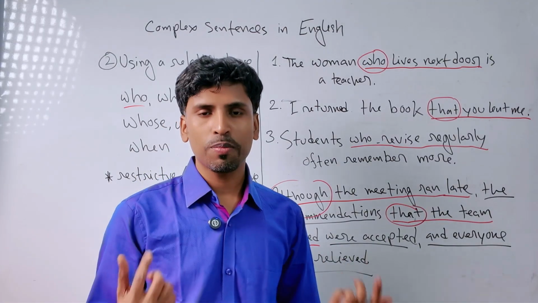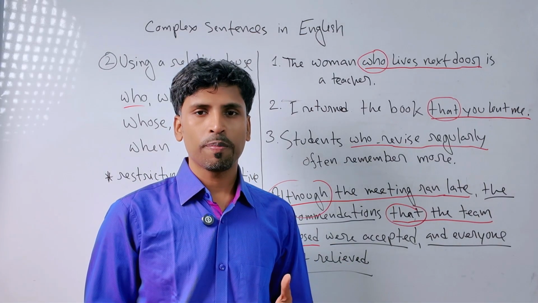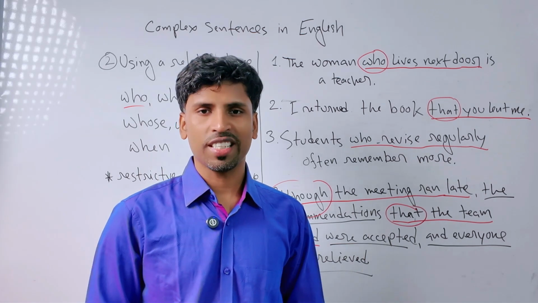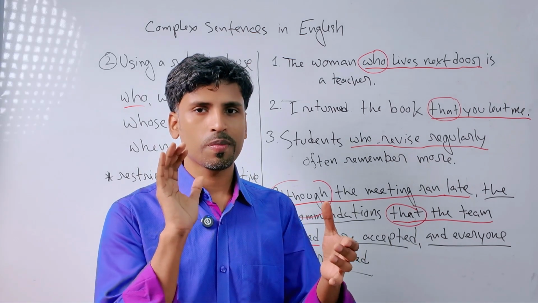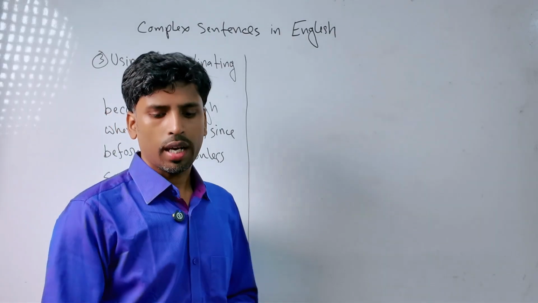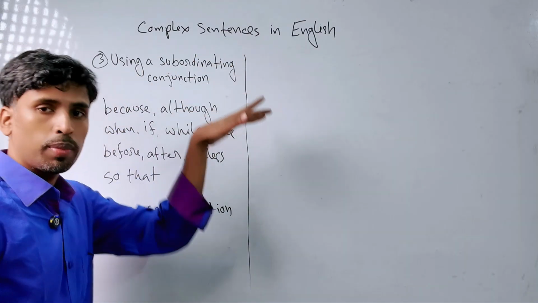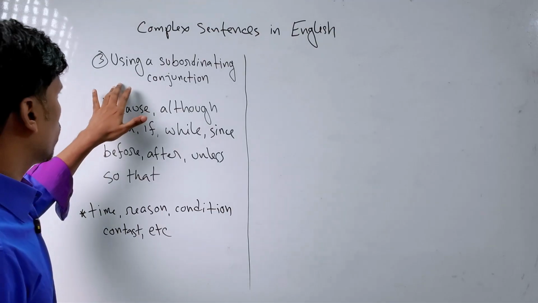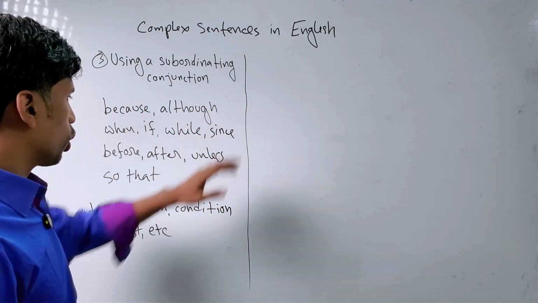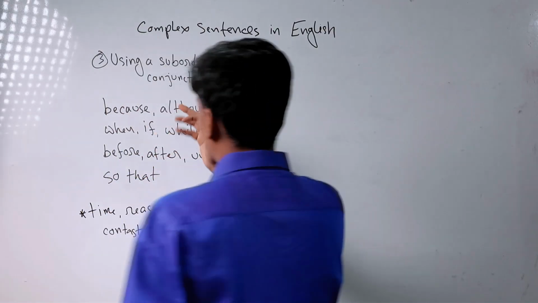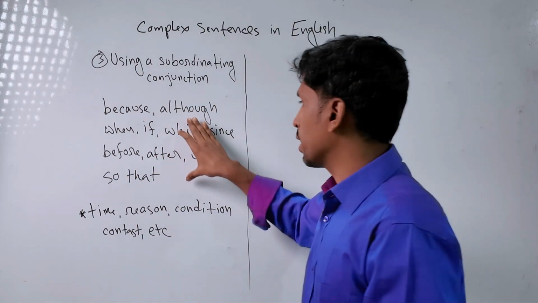All right, so let's move on to the final method of creating a complex sentence in English. This one is by using a subordinating conjunction. Some of the subordinating conjunctions are listed here, but this is not an exhaustive list.